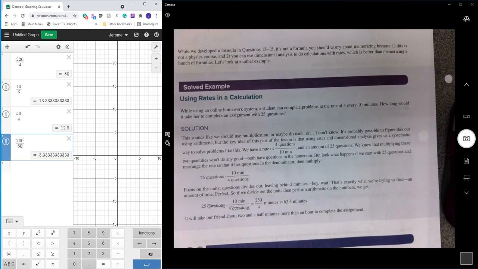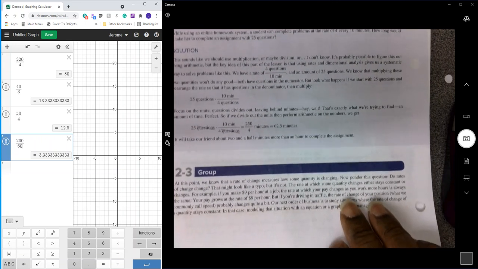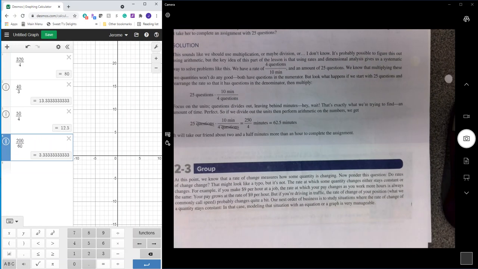Now it says, at this point, we know that a rate of change measures how some quantity is changing. Now ponder this question. Do rates of change change? That might look like a typo, but it's not. The rate at which some quantity changes either stays constant or changes. For example, if you make $9 per hour at a job, the rate at which your pay changes as you work more hours is always the same.